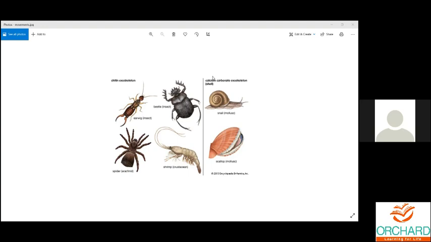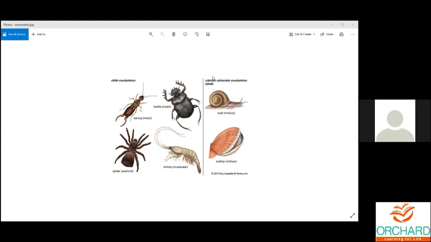Okay, hard shell covering, yes. Outer skeleton. Exoskeleton is called the outer skeleton, but it is a covering which is very hard, and that's called an exoskeleton. Can you name some exoskeletal animals or insects?